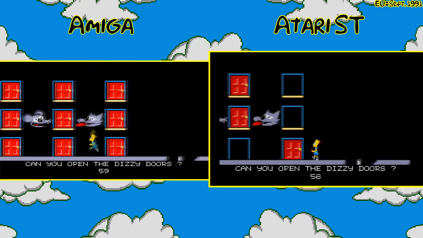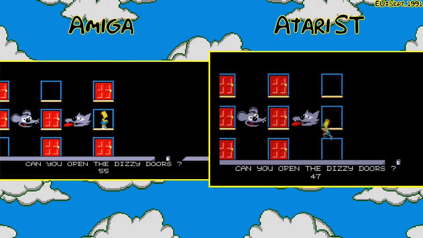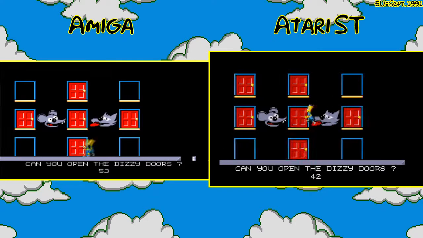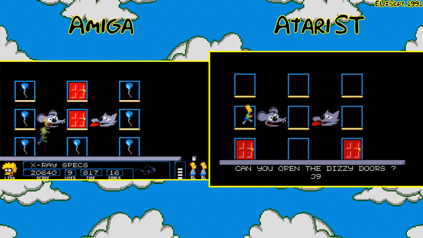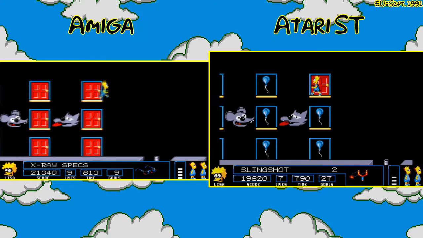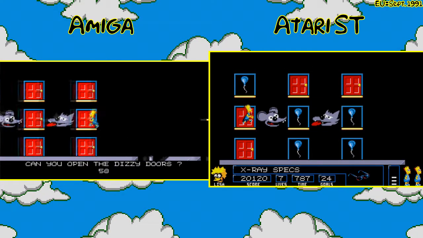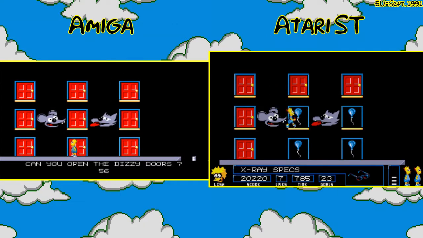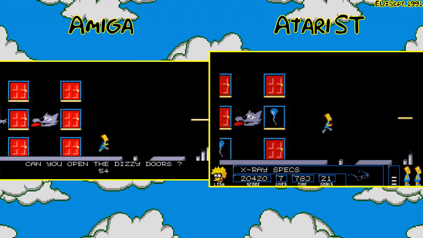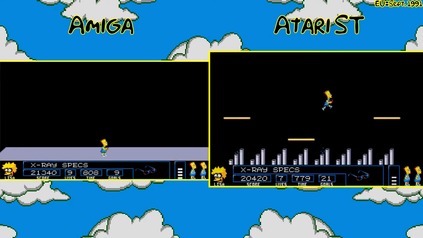And when it comes to the Dizzy Door minigame, you can't bypass it at all. You have to solve it. So that's a difference that this level has versus the Amiga. Not only that, but there is also no wrong warp. So if you happen to kill yourself at the top half of Krusty, you won't warp anywhere.